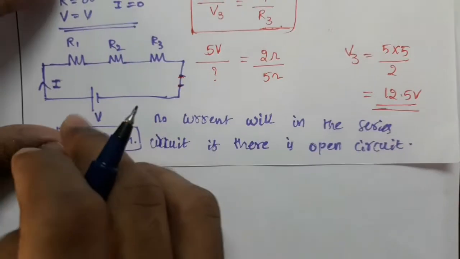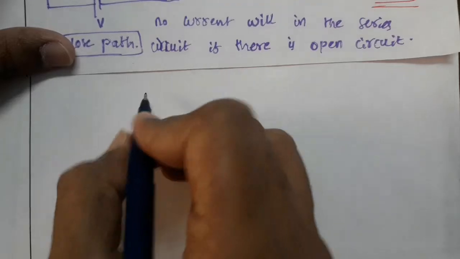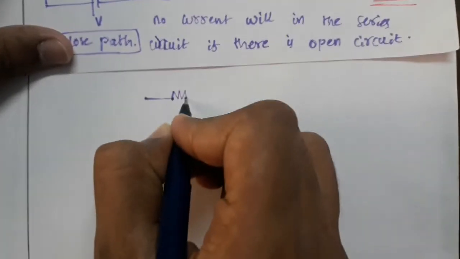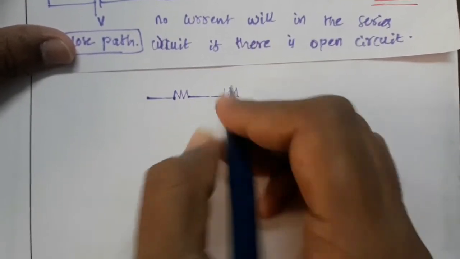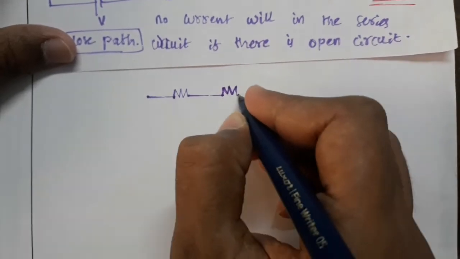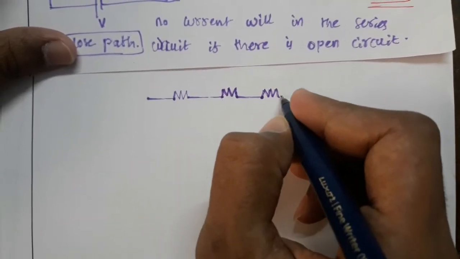I am taking the same circuit. This is resistor 1, R1, R2, and this is R3.